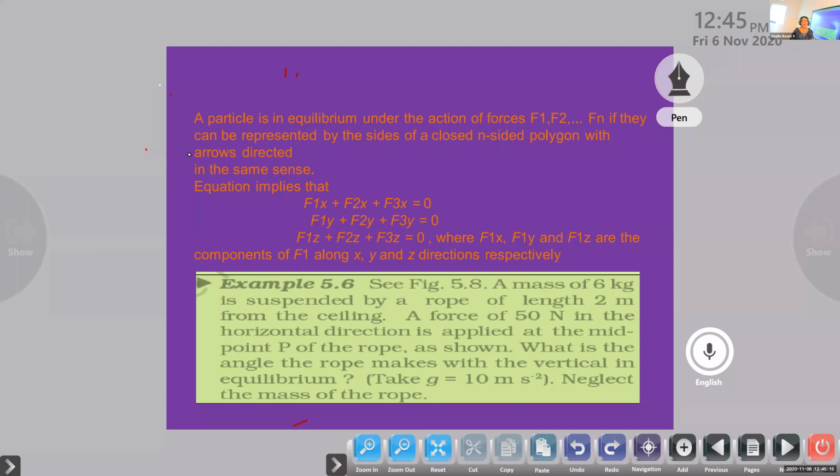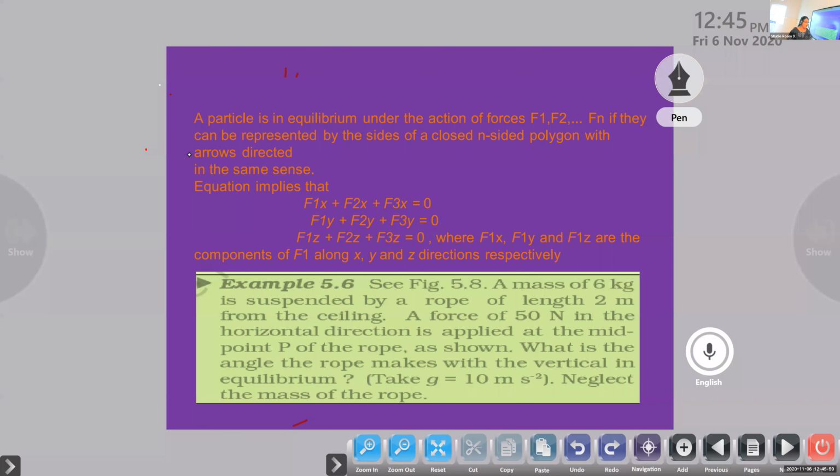A force of 50 Newton in the horizontal direction is applied at the midpoint of the rope.